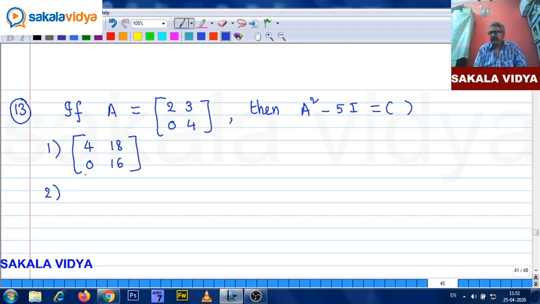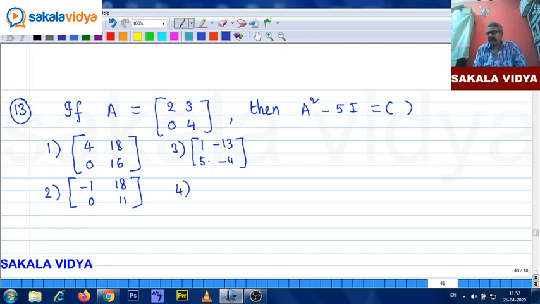Second one: minus 1, 18, 0, 11. Third option: 1, minus 13, 5, minus 11. Fourth option: 1, minus 13, 5, 11.